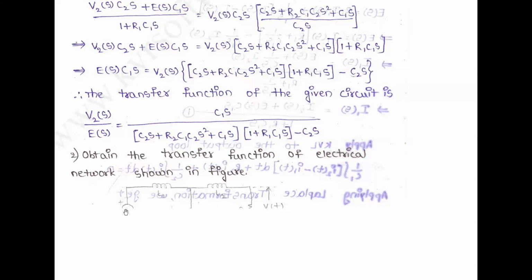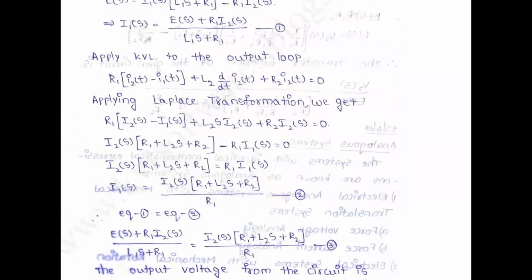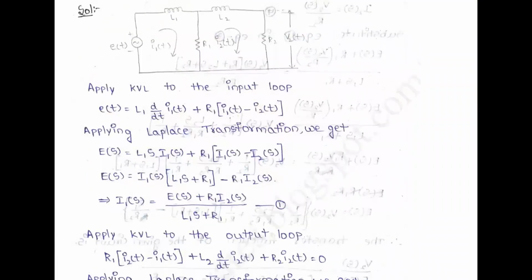In the electrical network there is the voltage E of t, inductance L1, inductance L2, resistor R1, resistor R2, and the output voltage V2 of t across the connecting resistor.